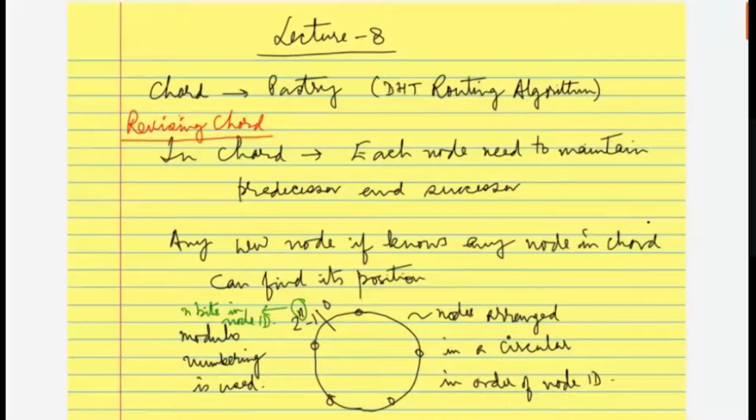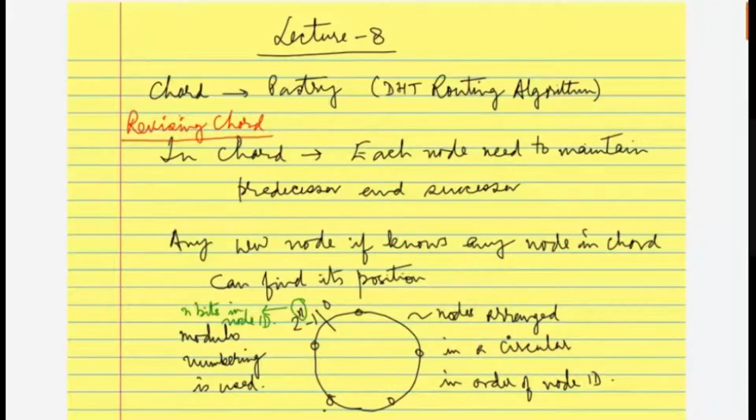In Chord, all nodes have to maintain at least a predecessor as well as a successor node. All nodes are arranged in a circular fashion, as you can see in the figure. This depends on the node ID. If this number is 0, the next has to be higher than 0, and there is no other node which should exist between these two node IDs.